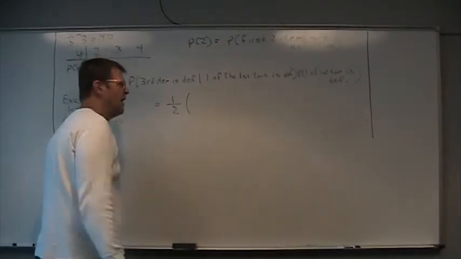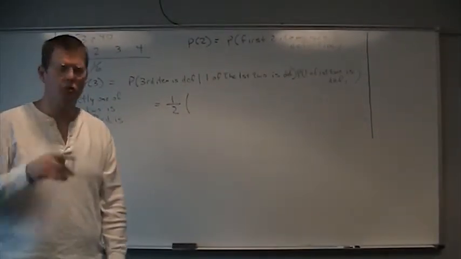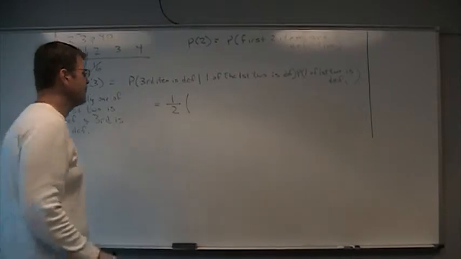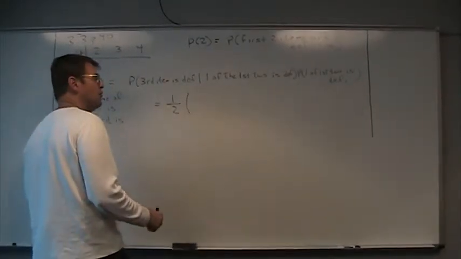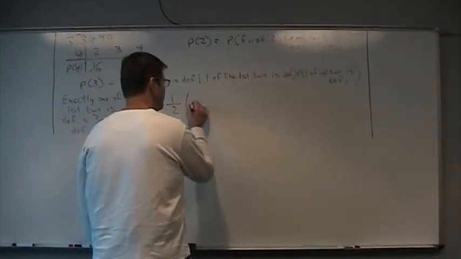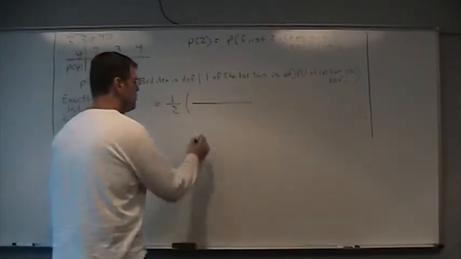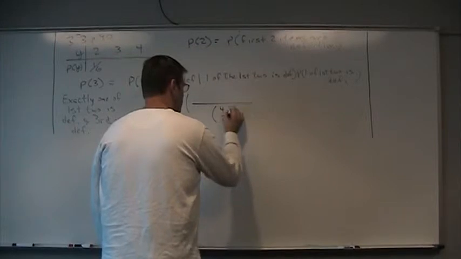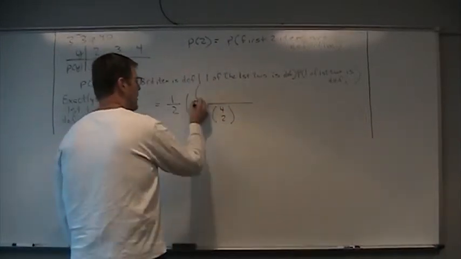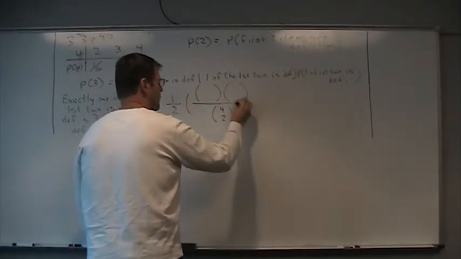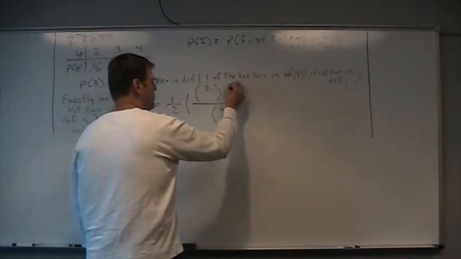Now, as far as one of the first 2 being defective, we can go back to our combinations the way we did before. We're looking at the first 2, so we have 4 choose 2. And again, we have our defectives and we have our non-defectives. There's 2 of each.